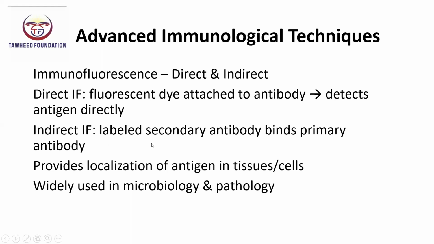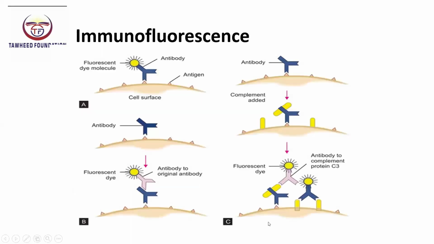In the indirect method, an unlabeled primary antibody binds the antigen first, and then a fluorescently labeled secondary antibody binds to the primary one. This indirect approach amplifies the signal, making it more sensitive and versatile. Immunofluorescence provides both specificity and localization, allowing visualization of antigen distribution within cells and tissues in microbiology and pathology.